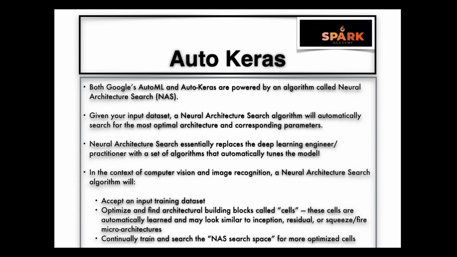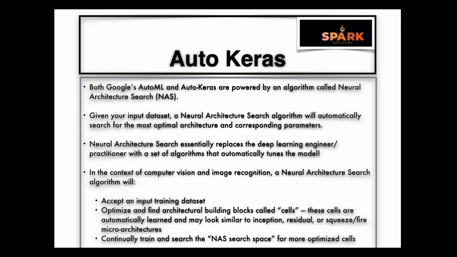So both Google AutoML and AutoKeras are powered by an algorithm called neural architecture search. We did discuss it in the prior introduction. Given your input dataset, a neural architecture search algorithm will automatically search for the most optimal architecture and corresponding parameters. NAS essentially replaced the deep learning practitioner with a set of algorithms that automatically tunes a model.